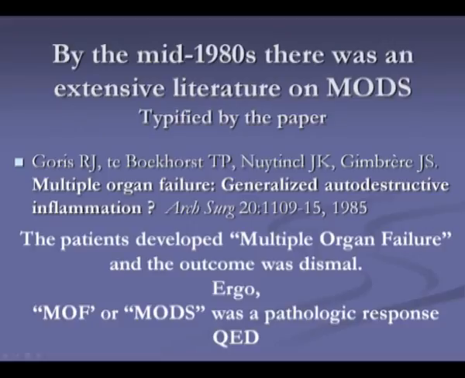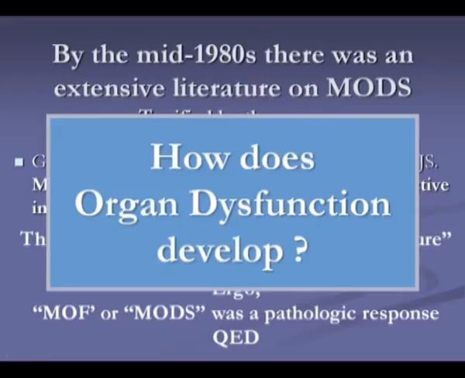They didn't call it MODS, they called it MOSF or MOF or something else, but it was typified by this sort of paper by Goris et al., multiple organ failure, generalized autodestructive inflammation. Again, pathological, based on inflammation. The patients developed multiple organ failure, the outcome was dismal, and therefore MODS or MOF or whatever we're calling it was a pathological response that was accepted.